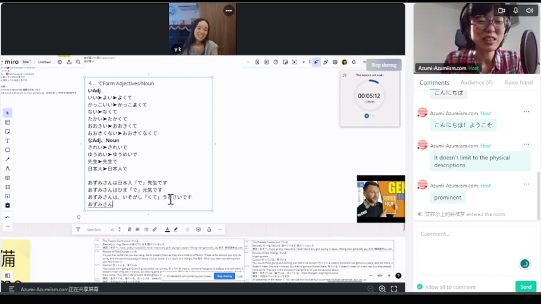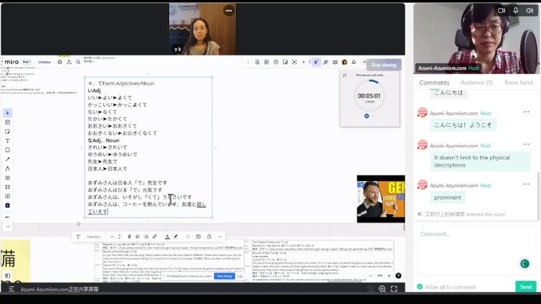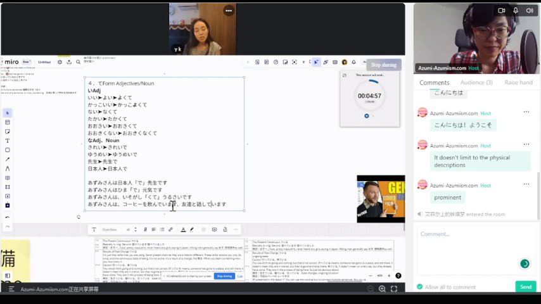あずみさんはコーヒーを飲んでいます。友達と話しています。コーヒーを飲んで友達と話しています。Did you notice Yukiko's technique? There are two actions, both using te form.